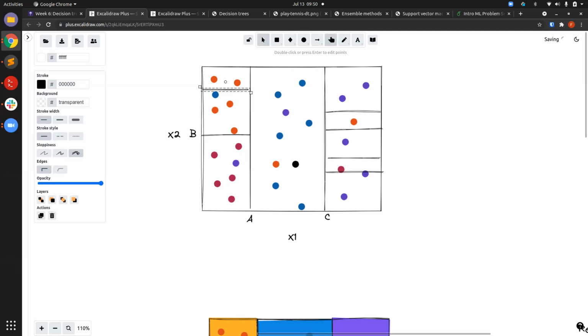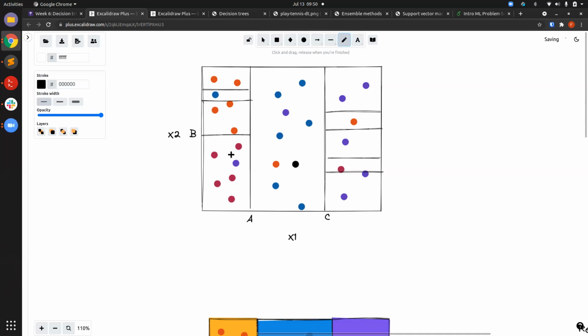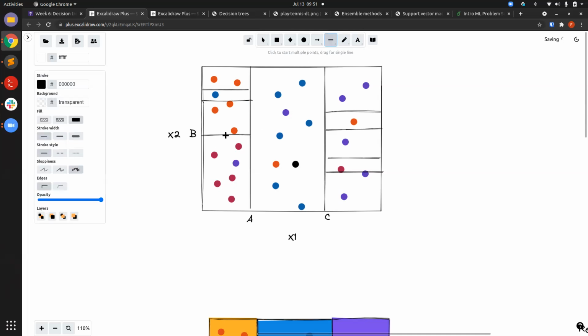So we'll end up with something like this. I'm just drawing horizontal lines because they're easier for me to draw, but you get the idea. So you could ultimately end up with actually 0 error. Would that be desirable?